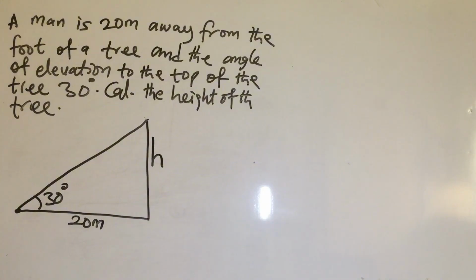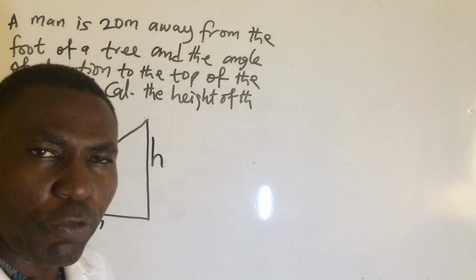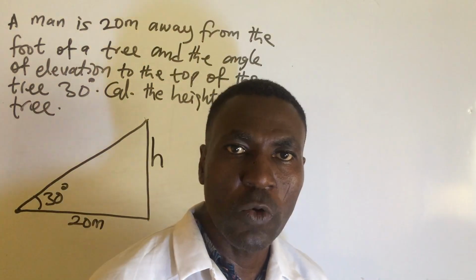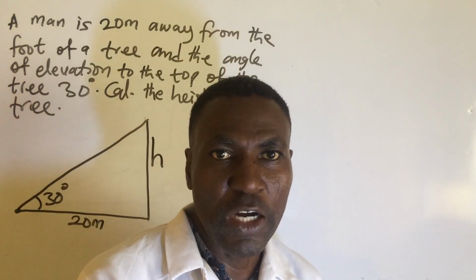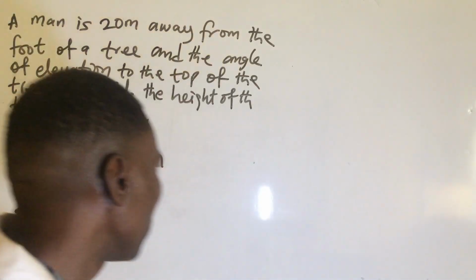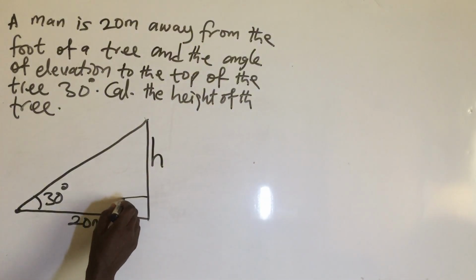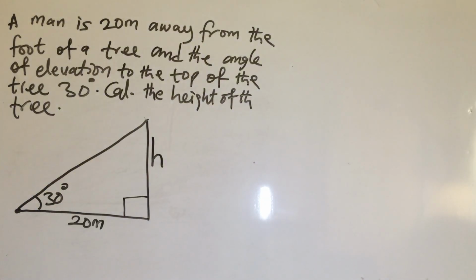Which means we are going to use tan, which says that tan 30 degrees equals opposite over adjacent. Now remember that we cannot make use of SOHCAHTOA unless we have a right angle triangle. A right angle triangle is a triangle that contains one angle of 90 degrees. Remember that here is 90 degrees in this triangle.